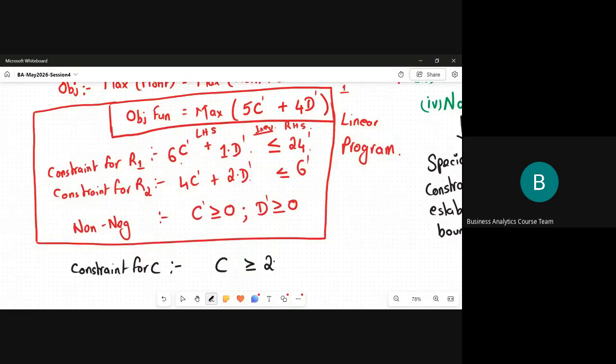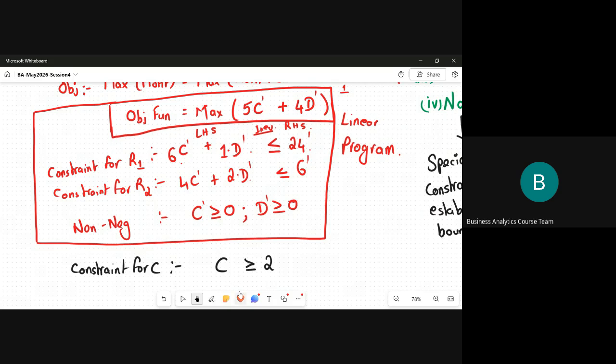Now you see, this is a new constraint which is of the greater than or equal to type. So based on the problem and what is being told, your constraints can either be less than or equal to, greater than or equal to, or equal to.